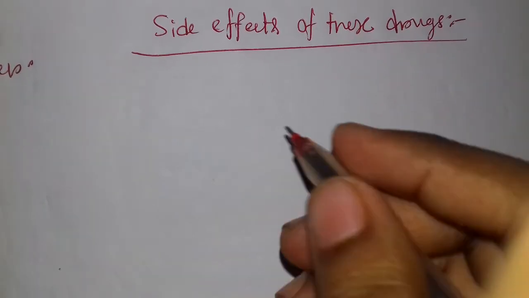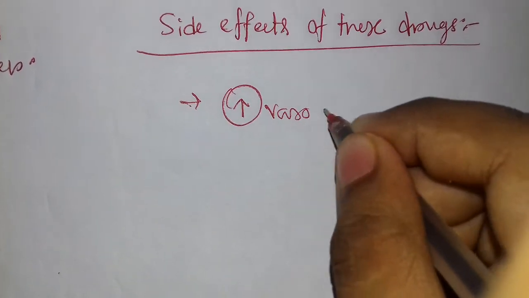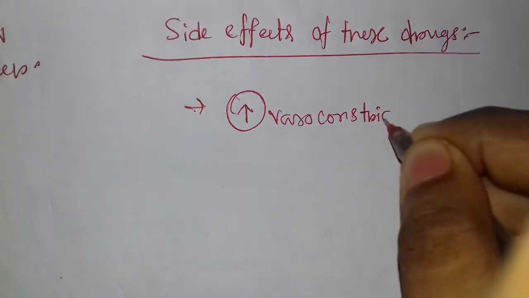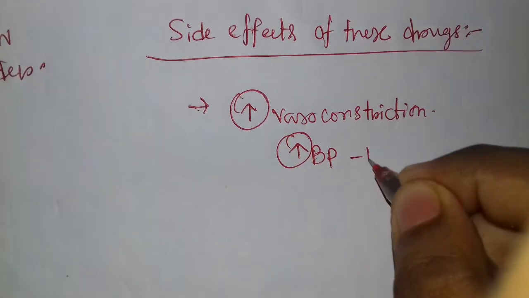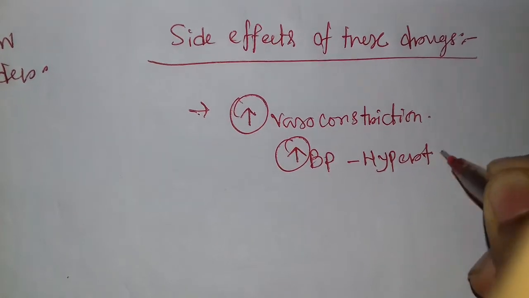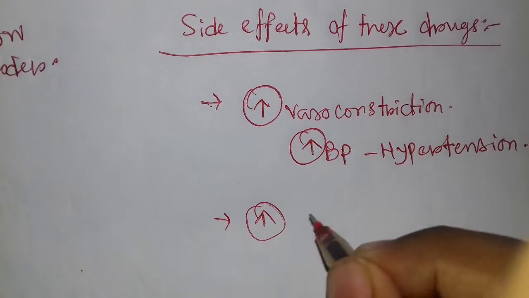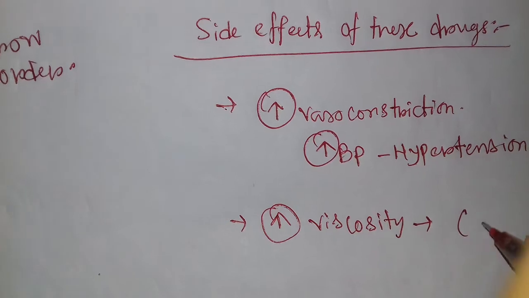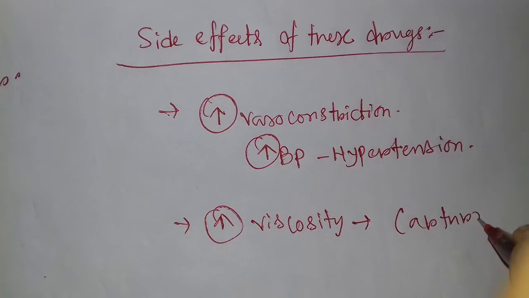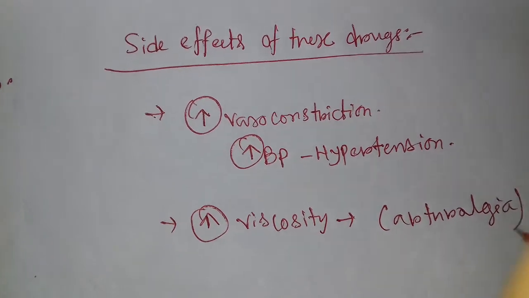So what are the adverse effects or side effects of these drugs? These drugs basically cause vasoconstriction, and thus they cause increase in the blood pressure, that is hypertension, and they increase the viscosity of the blood, causing arthralgia they can cause.